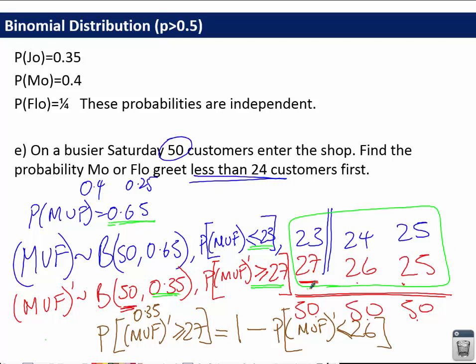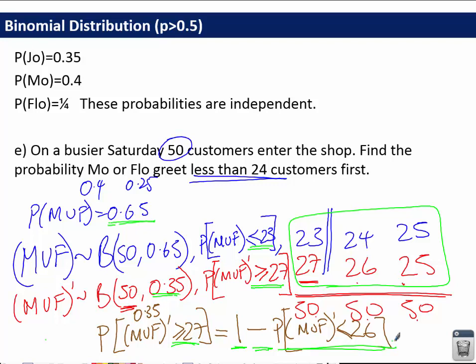Our final part was the fact that it was greater than or equal to 27, hence we need to use the tables effectively, rather than calculate probabilities of 27, 28, 29, which would take forever. We used 1 minus the probability that Mo or Flo not occurring was less than or equal to 26.